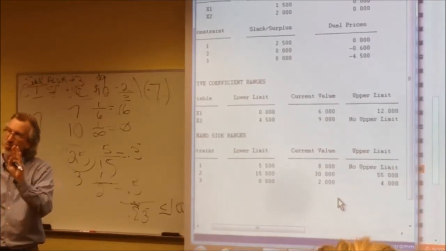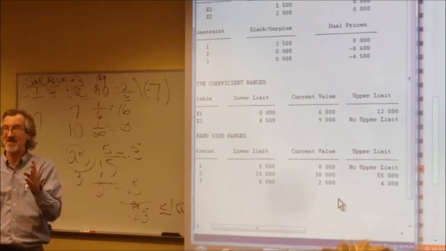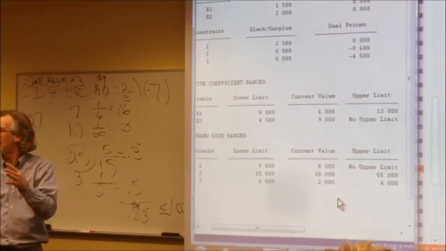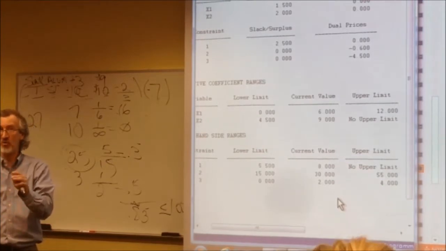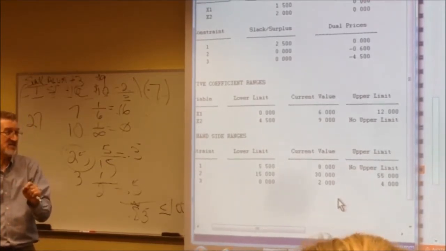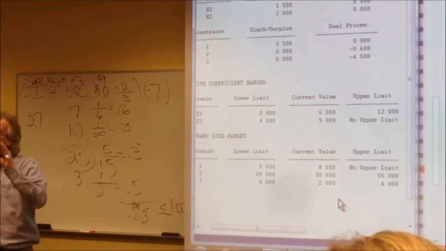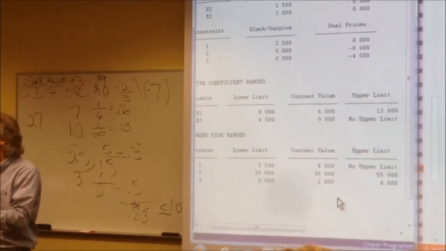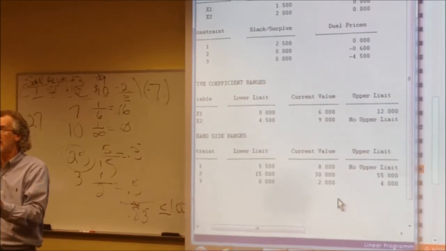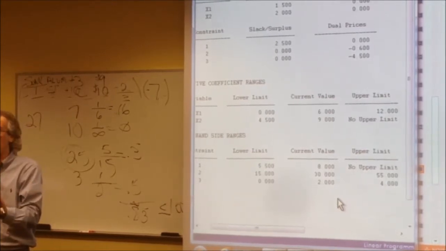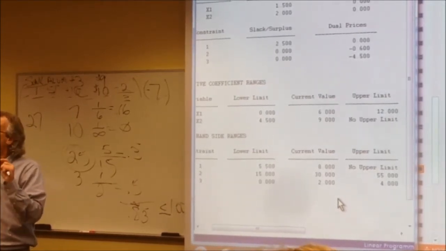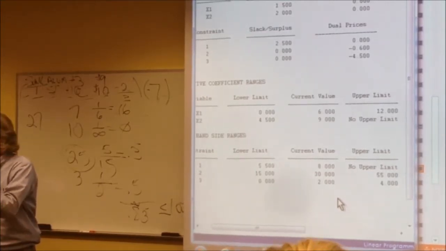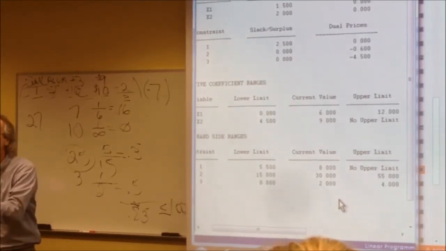The dual prices always represent the effect on the objective function value if there's a 1 unit increase. We're not increasing, correct? We're decreasing, right? So it will have the opposite effect. It's a negative 60 cents, so not a negative effect, a positive effect.